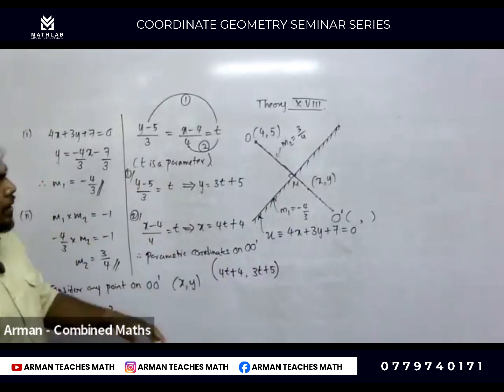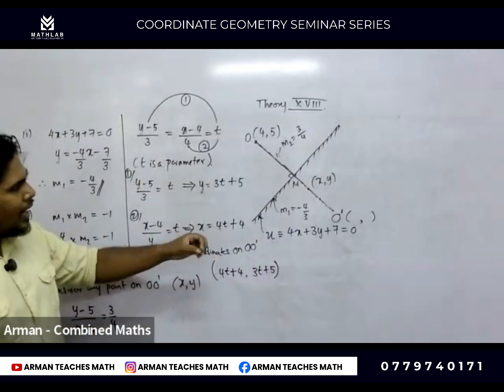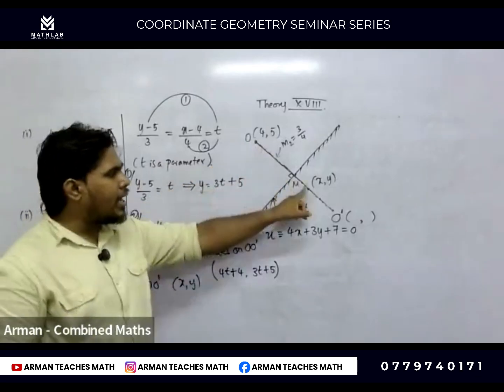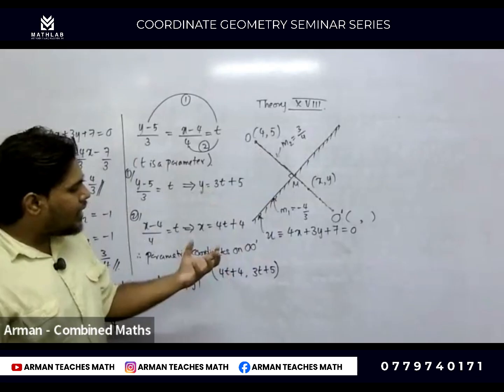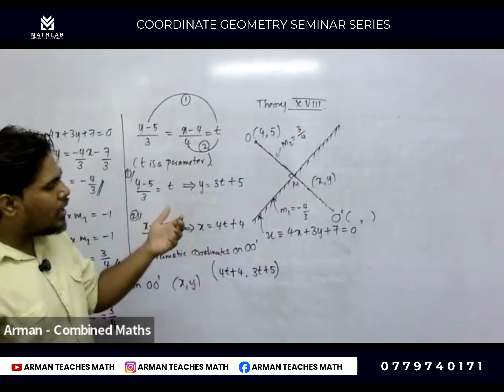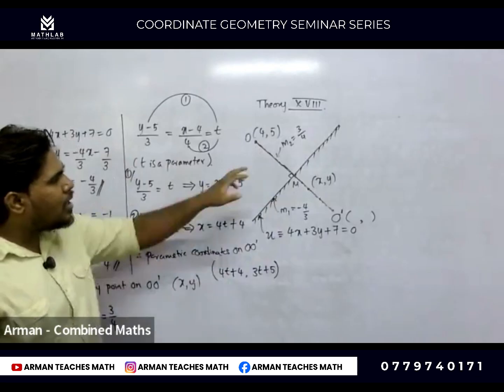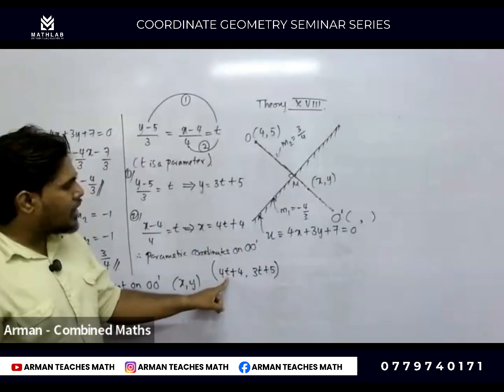What is the meaning of parametric coordinates? Parametric coordinates give you any coordinate on this OO dash. By substituting different values to this t, you get a pair of x and y coordinates. Obviously, that x coordinate and the y coordinate must be on this OO dash. You can substitute any value to t.